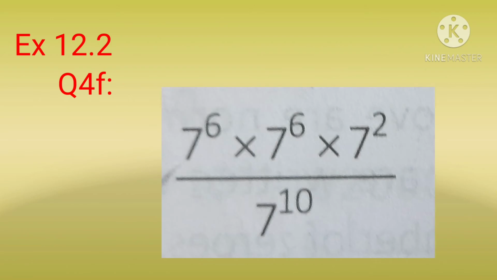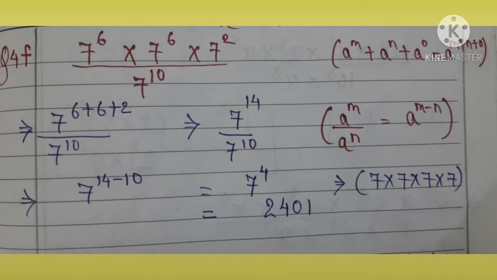Now let us check the F part of question 4, evaluate, in which the question given to us is 7^6 × 7^6 × 7^2 divided by 7^10. To solve this, first we solve the numerator, in which we have the same bases with 3 powers.